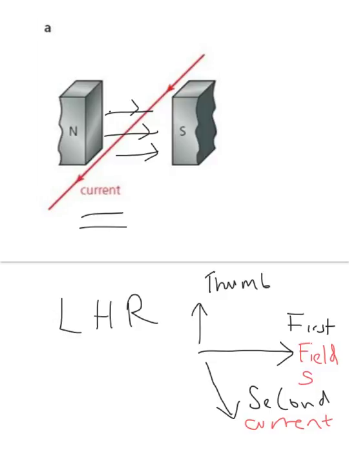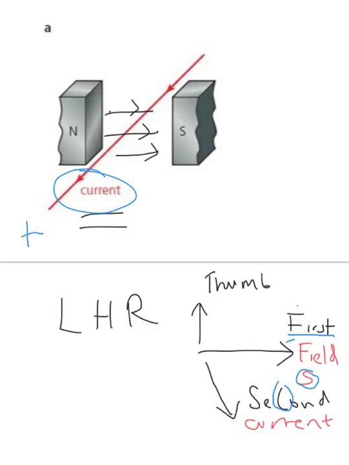Hopefully you remember Fleming's left-hand rule, and the first finger points to the south because the first finger is the field. Yes, they both start with F. Fantastic. The second finger, if you think about that, C, is the current. And remember, it always refers to the conventional current, which is usually represented as an arrow anyway, but always points in the direction of the convention, which is as if it was a positive charge. So in that case, moving towards a negative pole.